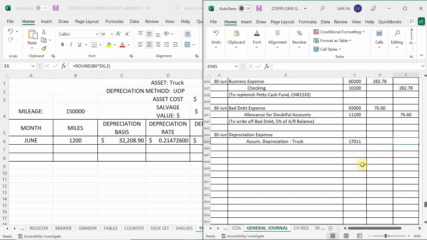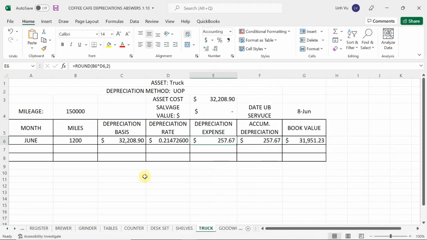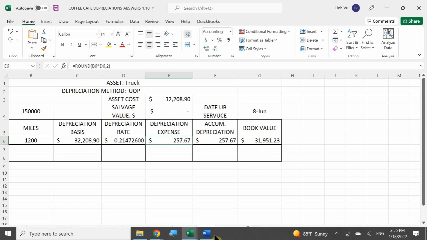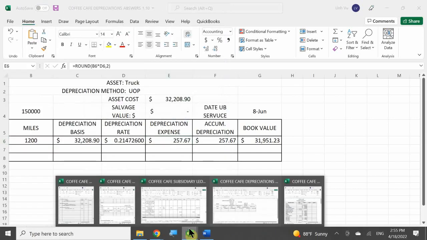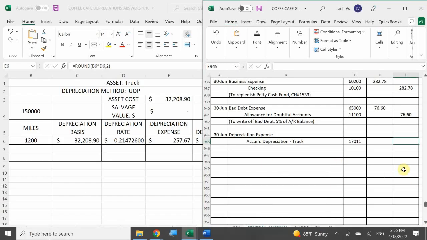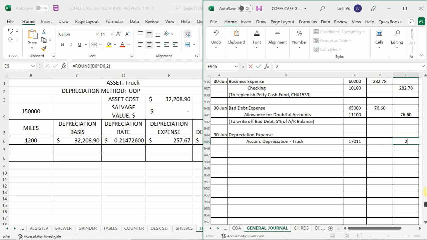And this amount was for a total of $257.67, or 25767.